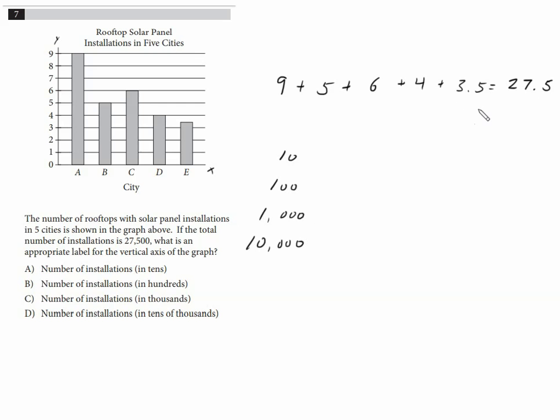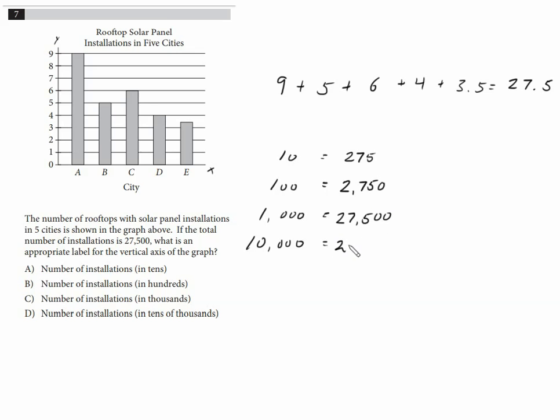So if we multiply 27 and a half by each of these, we'll see that multiplying by 10 only gets you 275. Multiplying by 100 gives you 2,750. And here, multiplying by 1,000 gives us 27,500.